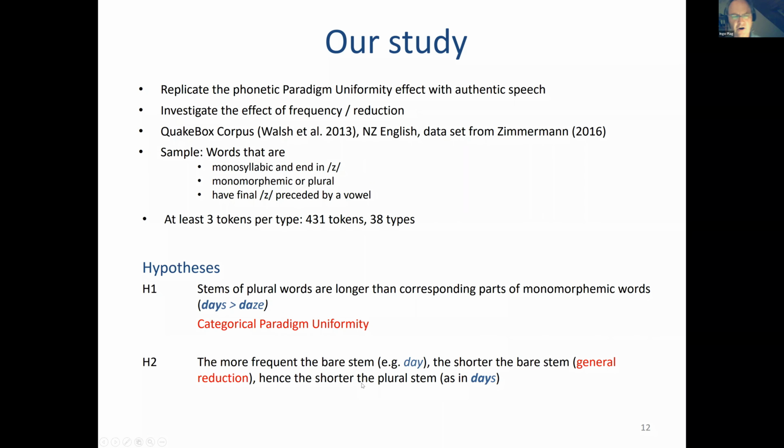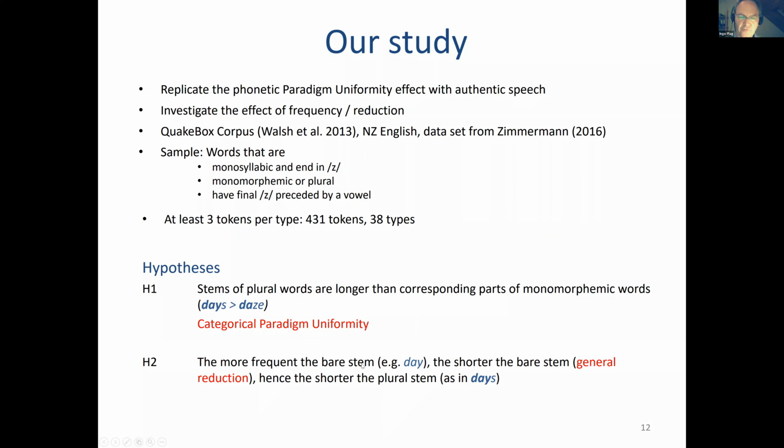However, we also thought there should be a different effect observable in addition. The more frequent the bare stem is, the shorter the bare stem would be. That's the general reduction effect that we know from the literature. It's well established. But if that is so, and the bare stem influences the inflected word, then we should expect that for these cases, the plural stem would become shorter.